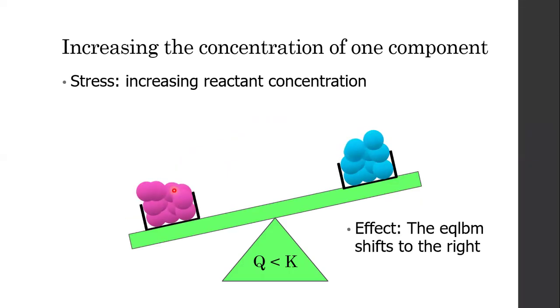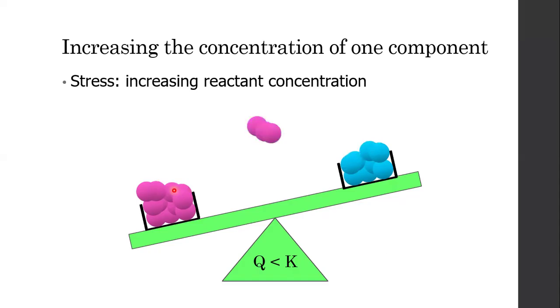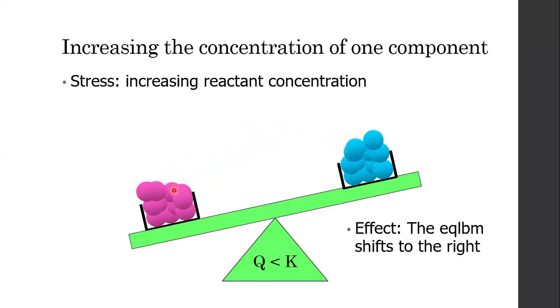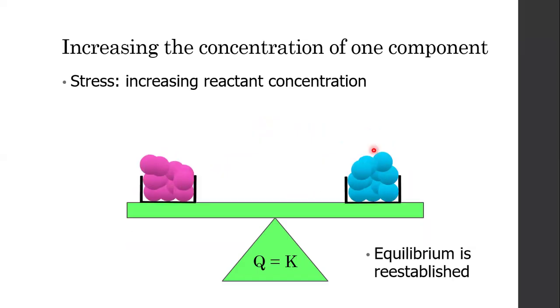So again, when we increase the reactant concentration, the effect would be that the system tries to shift the equilibrium to the right, meaning some of the excess reactants would be converted into product to re-establish equilibrium.